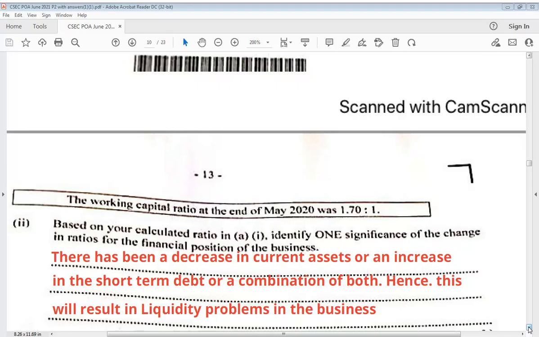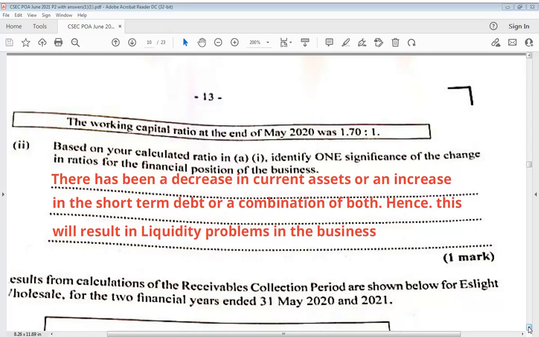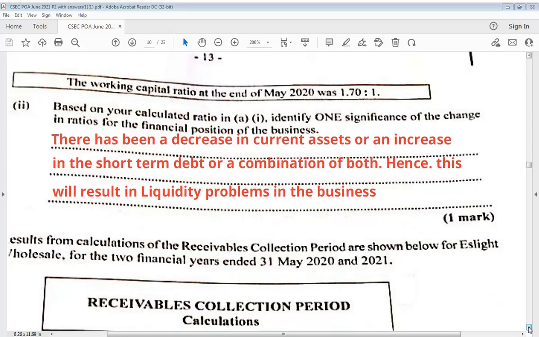What did we notice? That there has been a decrease in our current assets, or it could have been an increase in the short-term debt, or it could have been a combination of both. So what does this tell us about the business? This is going to result in liquidity problems in the business. 1 mark for that.